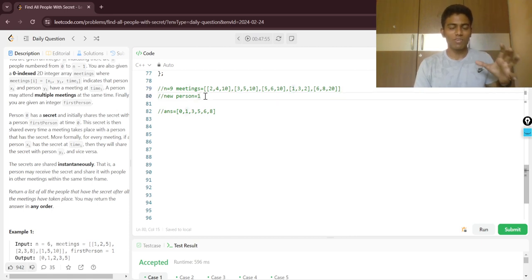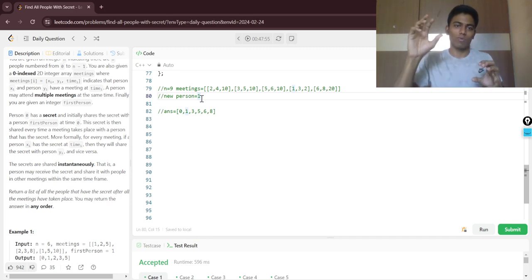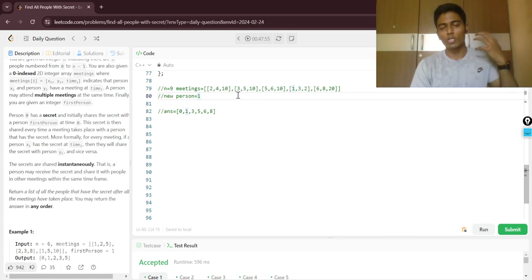And as we know, person 0 knows the secret at time equal to 0, and he is going to share this secret with the first person, which is 1. So 0 is going to share the secret with 1, and then all the meetings are going to be held one after the other.